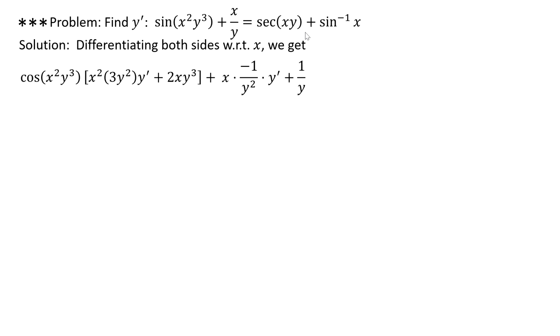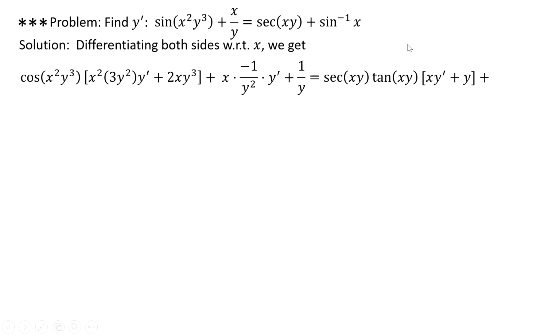Secant x tangent x. So based on that, the derivative of secant of something is secant of something, tangent of something, times the derivative of that something itself. And that's why I have secant of xy, tangent of xy, times the derivative of xy itself, for which I applied the product rule and said x y prime plus y. First function times the derivative of the second function plus the second function times the derivative of x, which is 1, so y times 1.